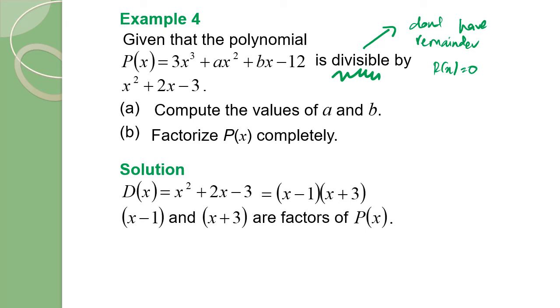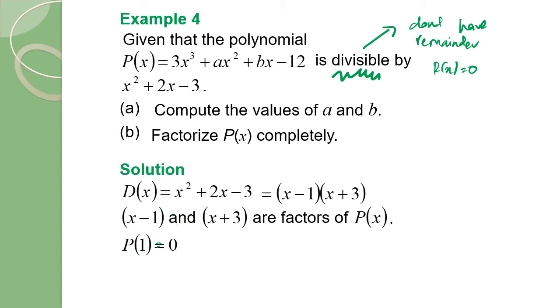If we find the polynomial of 1, it will be 0. Polynomial of -3 also will be 0 because it's divisible by x minus 1 and x plus 3. So both are factors.